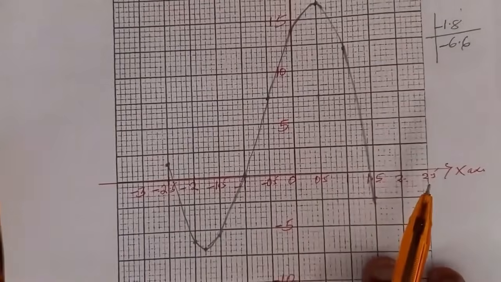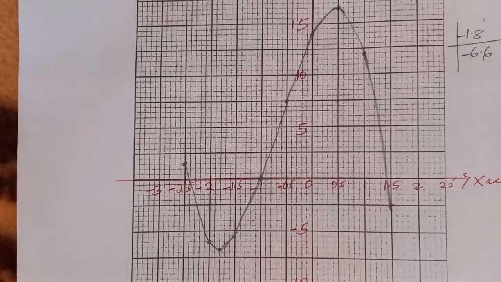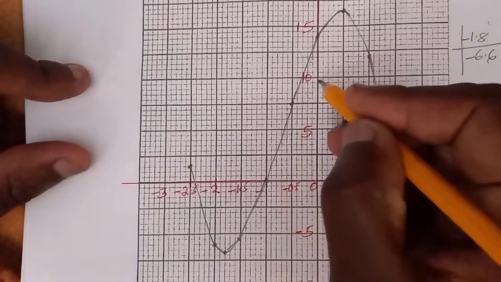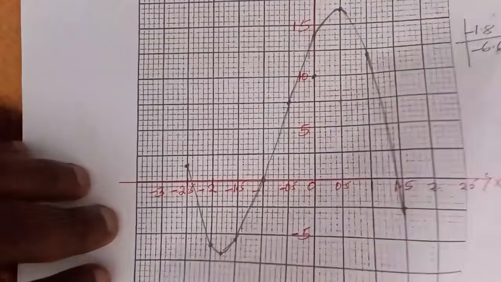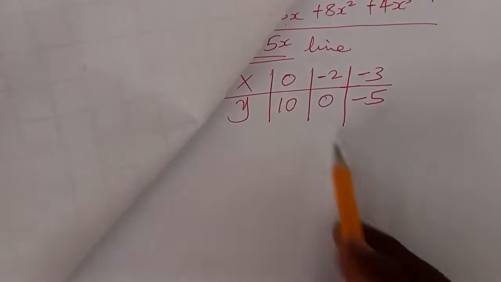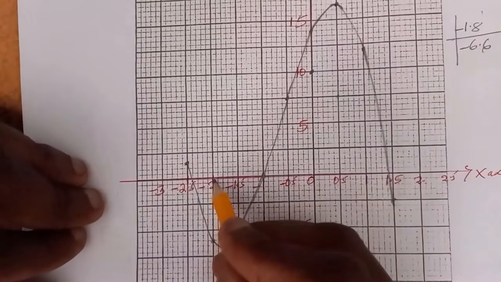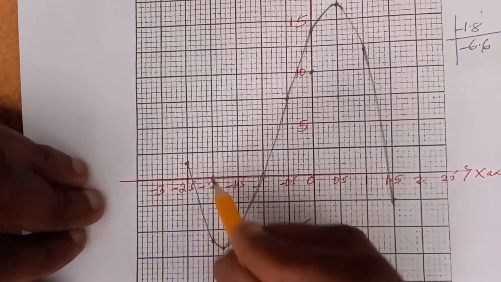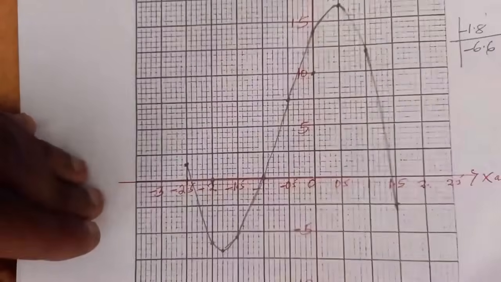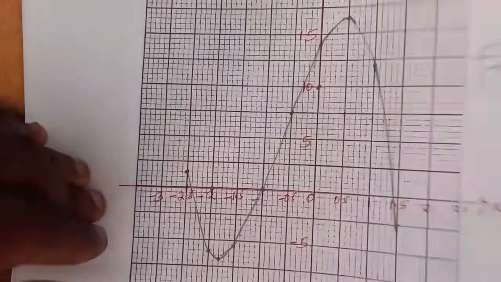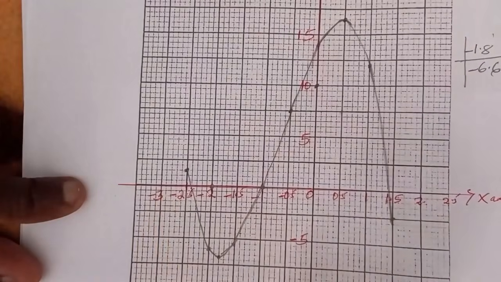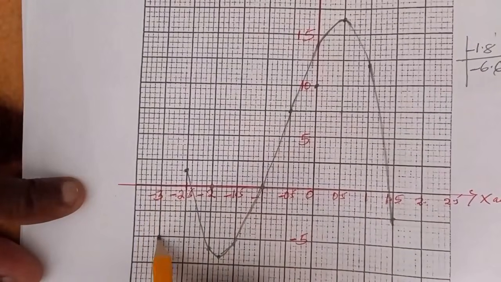So let me draw the straight line. I have 0, 10. So 0, 10 is that point there. Then the other one is negative 2, 0, which is here. And the last one is negative 3, negative 5, which is here.